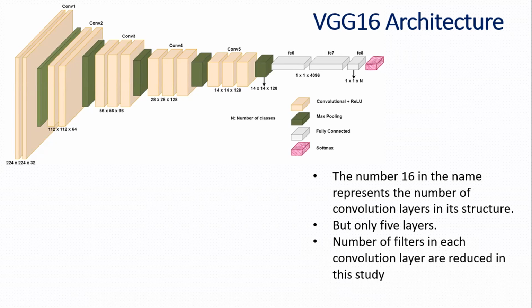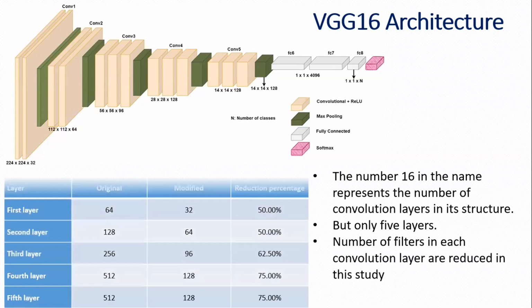However, in this study, we propose that the number of filters in each of these convolution layers should be reduced drastically to decrease the training time of this system. So we reduce the filters in each convolution layer, as we see in this table.